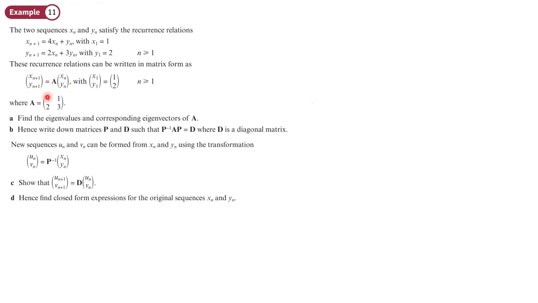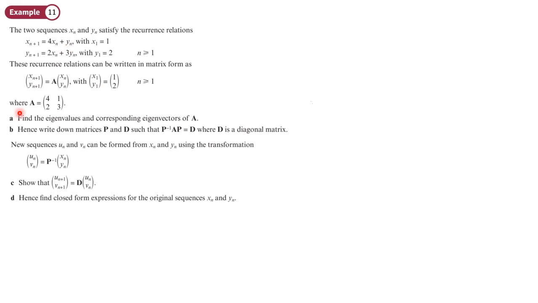So basically it's saying if you multiply this vector here, or basically the current terms, by this matrix, you'll get the next set of terms. Here we have the initial conditions. This vector represents the initial conditions. And you can see here 4, 1, 2, 3, they're the coefficients of these values here.